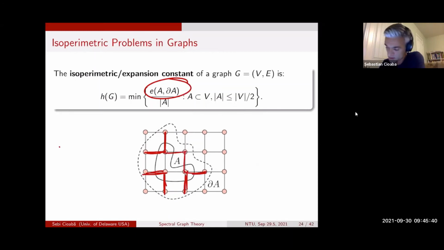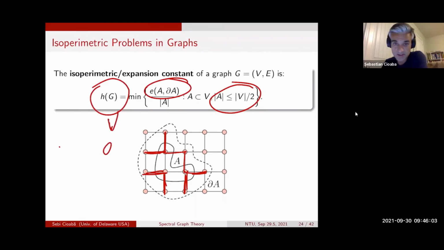You count all these edges and you divide by the number of vertices in A, and you take A to be at most half of the number of vertices. This is called the expansion constant of a graph. And an expander is a graph in which this parameter is large compared to 0. You want it to be as large as you can.